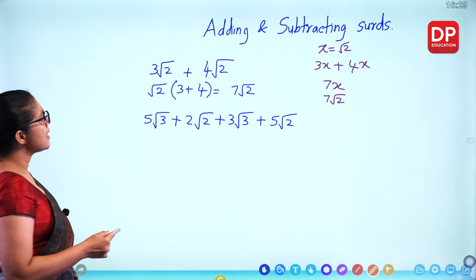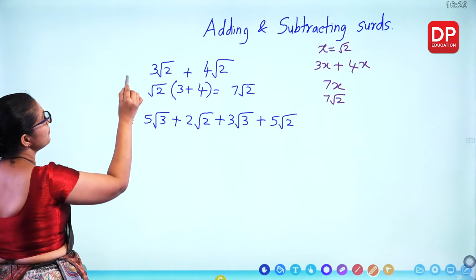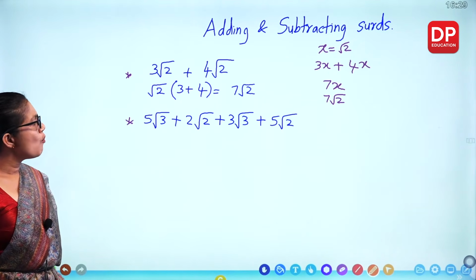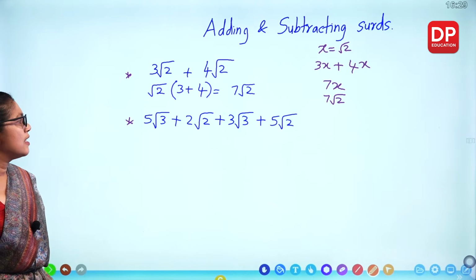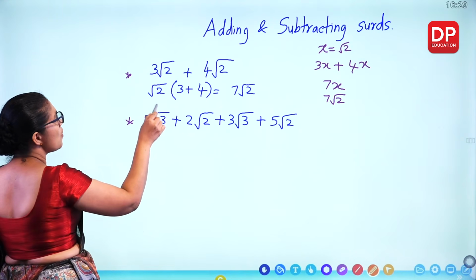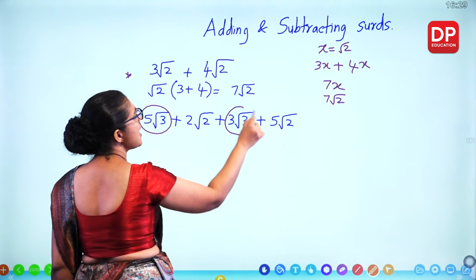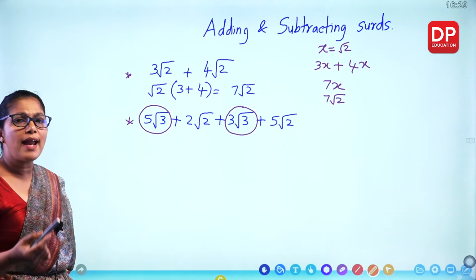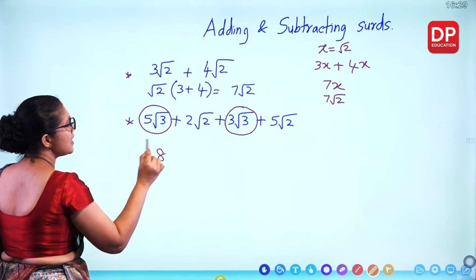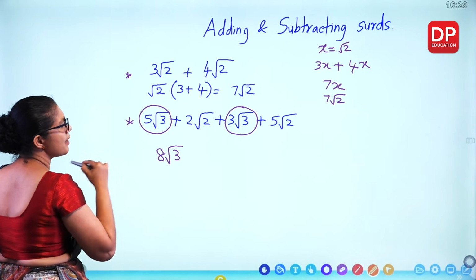Now look at this expression. Look carefully at what are the like terms where you get same surd values. This one and this one, same surd form. So you can add it together. 5 plus 3, you get 8 root 3.